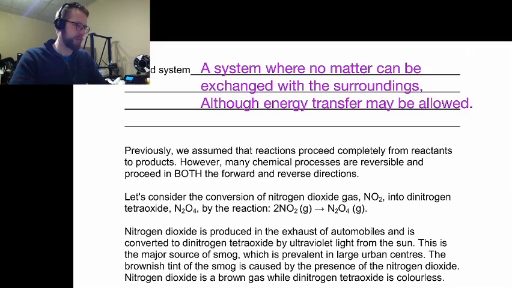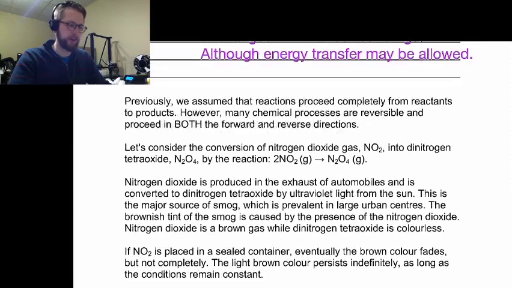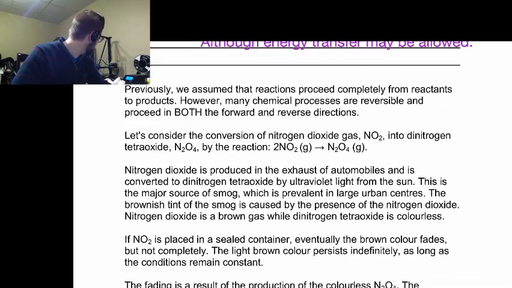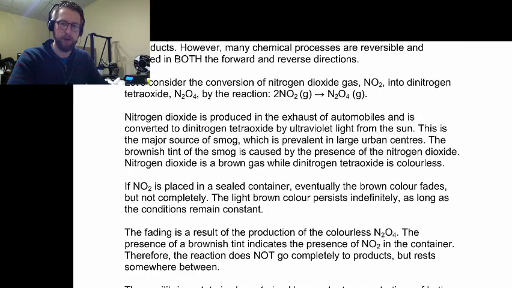So let's consider the conversion of nitrogen dioxide, NO2, into dinitrogen tetraoxide. This is a really interesting reaction because it produces a dark brown gas, and it's part of smog. When you see that sort of brown haze over cities, particularly in the news, we don't get that as much in Manitoba because of our strong winds.